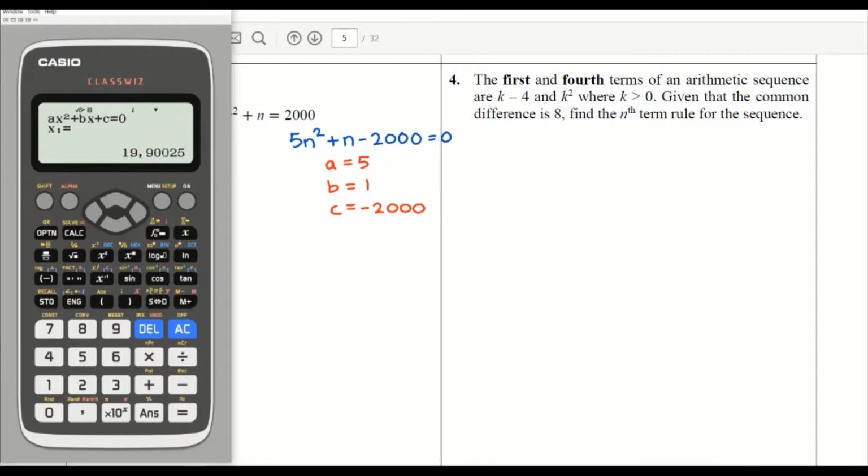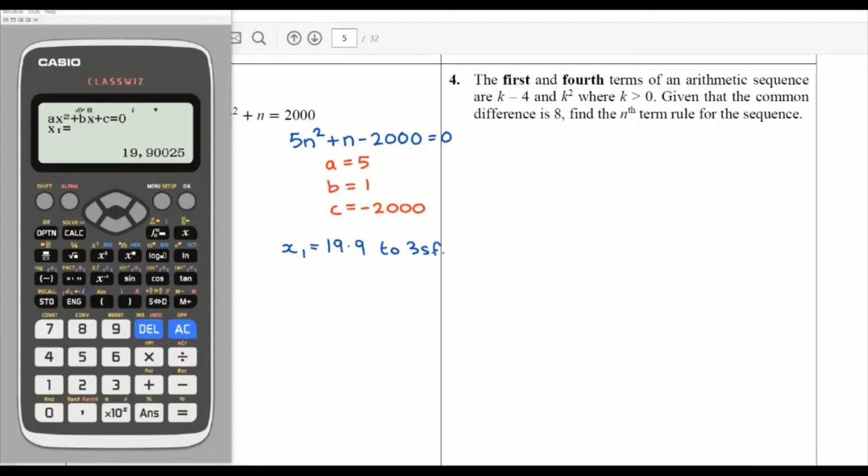We'll press equals, equals again, and there we have our roots, if you like. So the first one, we have x1, what our calculator gives us. So we'll give it to 3 significant figures. If it doesn't specify the accuracy in the answer, as you know from the exam specification, we give the answer to 3 significant figures if it doesn't specify otherwise.